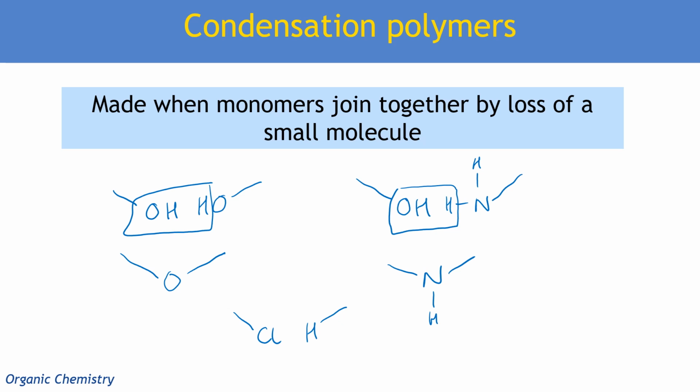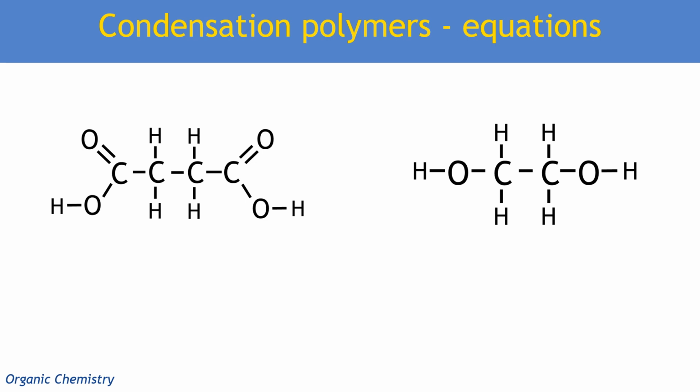Let's start with our carboxylic acids and alcohols, which is our most common example of condensation that we sort of know about. So, big difference with condensation polymers compared to addition polymers is that you might need 2 different monomers. We are going to look at situations where you only have 1 monomer, but what you definitely need is 2 functional groups, because other than alkenes, functional groups don't tend to react with themselves.